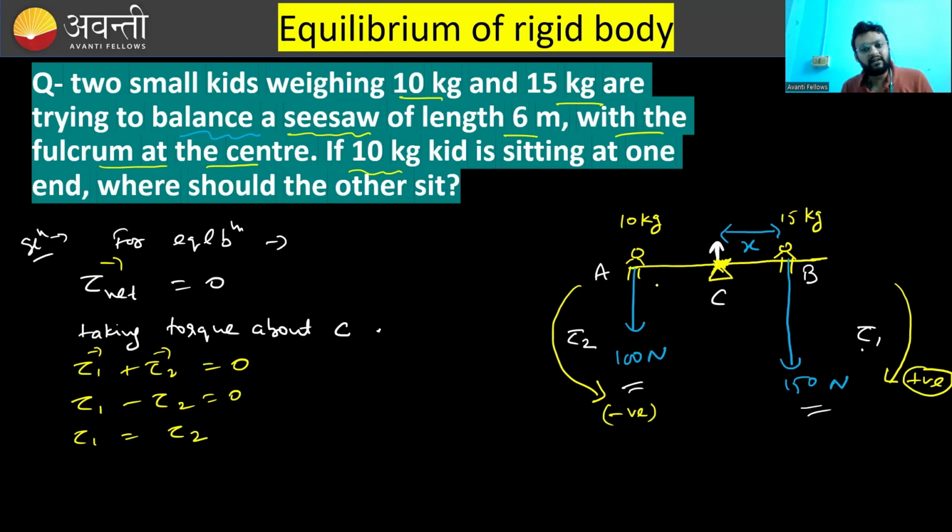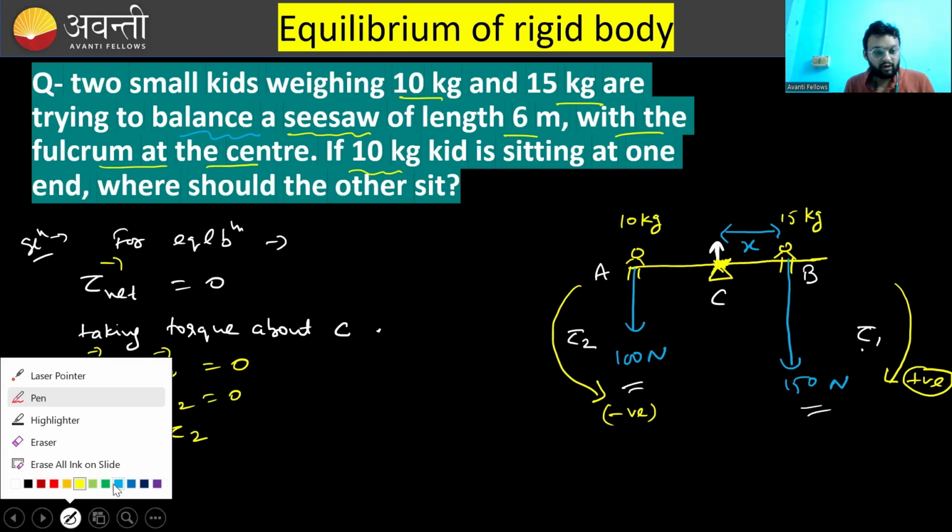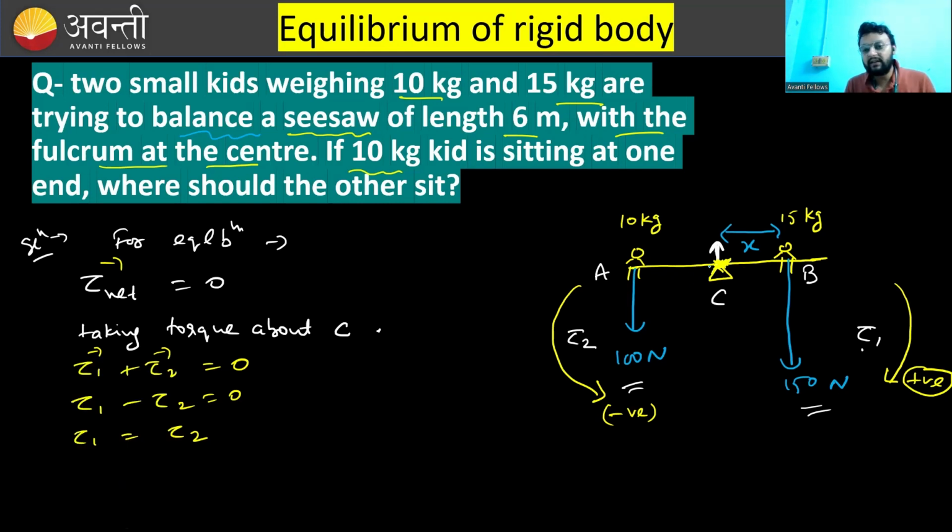This is case number three. Then what we need to do is calculate the torque by force into mutual perpendicular distance. The mutual perpendicular distance of the axis is 3 meters.